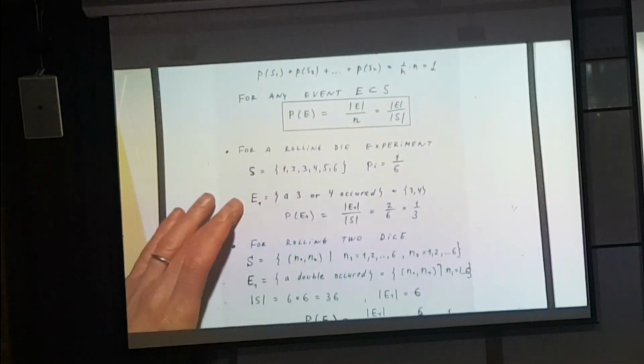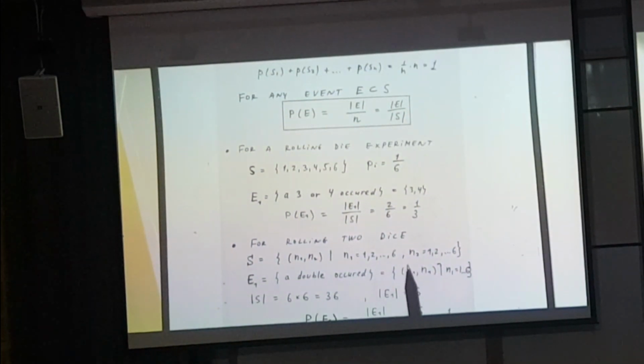Another example, for rolling 2 dice, we have a sample space which consists of pairs of outcomes. Each outcome is again an integer from 1 to 6. And we have 36 points in total.